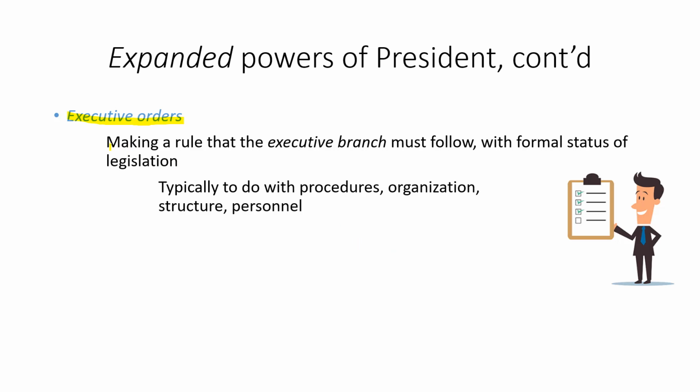But what an executive order typically is doing is making a rule that the executive branch must follow. But it does have the formal status of legislation as long as it does not violate a law set by Congress or the Constitution. It typically has to do with some procedural element of the bureaucracy, some organizational aspects of it, having to do with perhaps revising the structure or personnel.